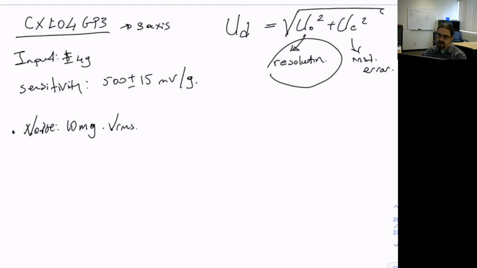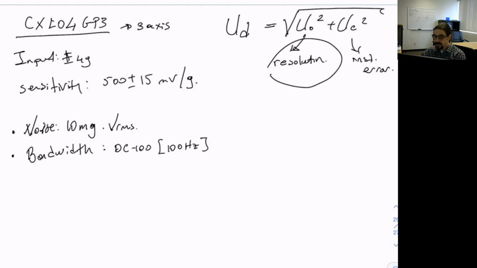So in that case, we are going to use that information to calculate our resolution. The other thing that we had that's important was bandwidth, okay, and that was given as DC 100. In other words, this was spec'd up to 100 Hertz.